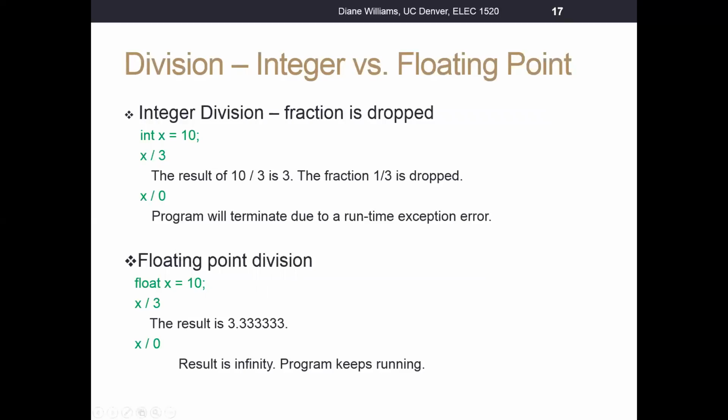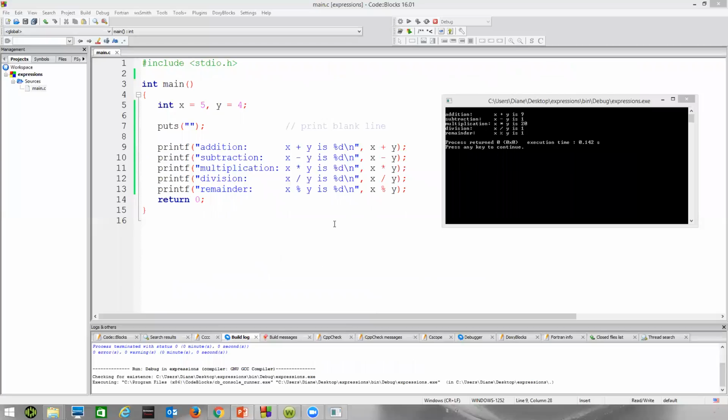Now let's just take a look at the code blocks program. All right, I've got it up and running here. Here x and y are integers. This is showing the results of each one of these operations. x is 5, y is 4. You can see the results of addition, subtraction, multiplication are shown here.